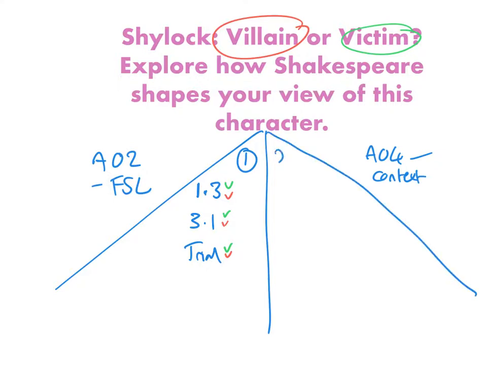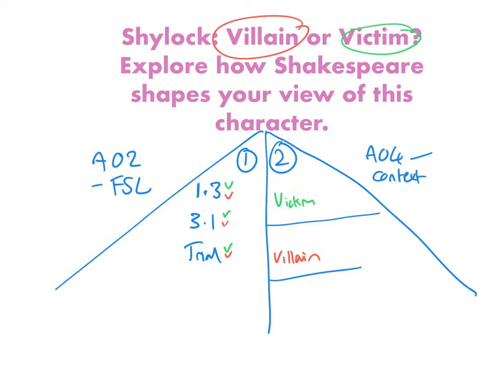Now, many of you for whom this video is intended have actually done it as a two-part structure. So you've talked about Shylock as a villain and Shylock as a victim and treated those two separately. And that's fine, okay? And that's how I'm going to approach it in this broadcast.